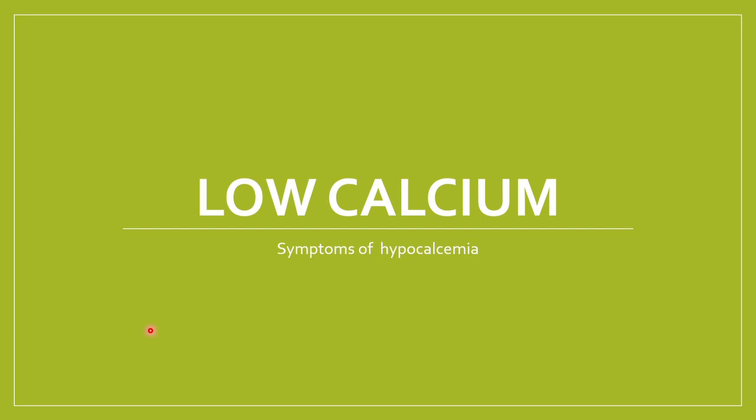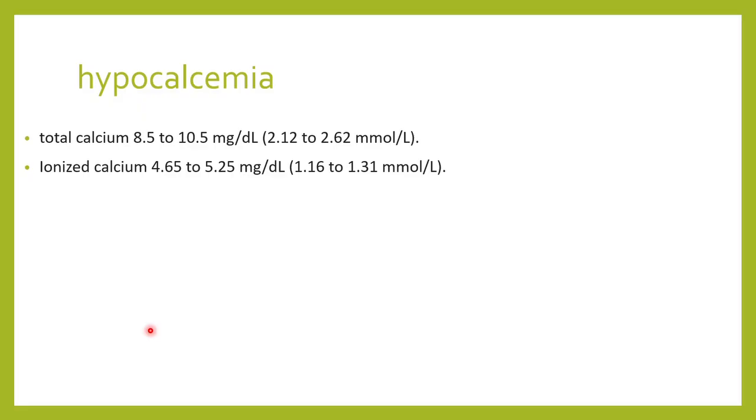In today's class, let us see what are the causes for low calcium level in our body, or hypocalcemia. We all know that the total calcium level in the serum is around 8.5 to 10.5 milligram per deciliter.